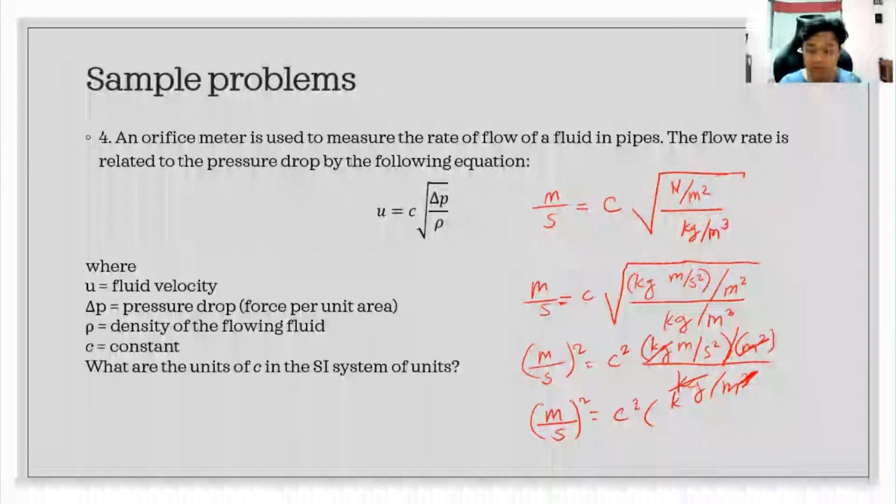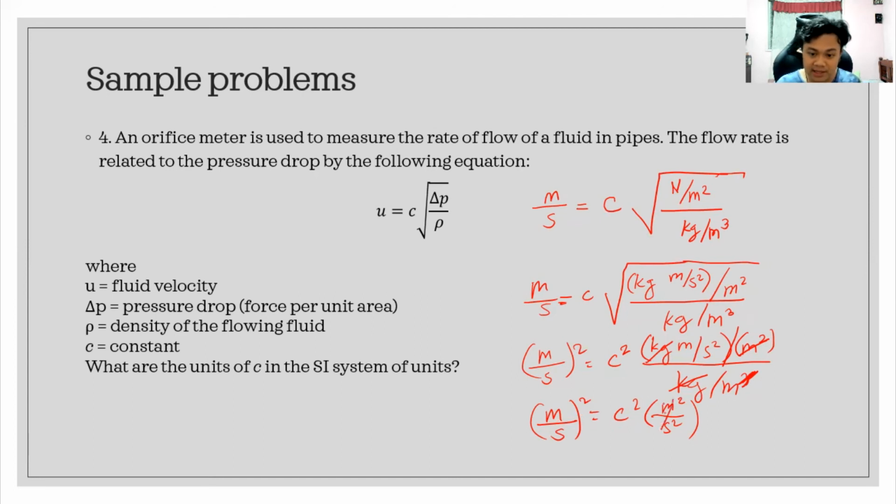Just don't mind this c, because it's our goal. So if m multiply there, so m squared over s squared. All right, and then if we want to get the unit of c here, I'll just divide both sides by this meters per second quantity squared.